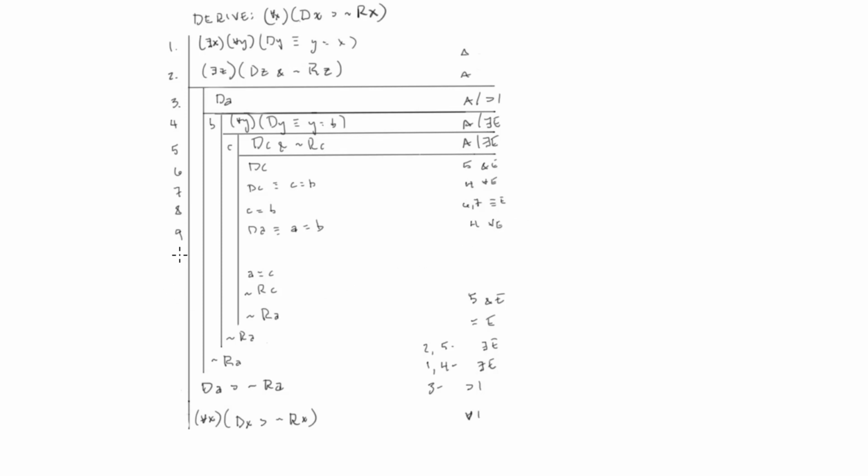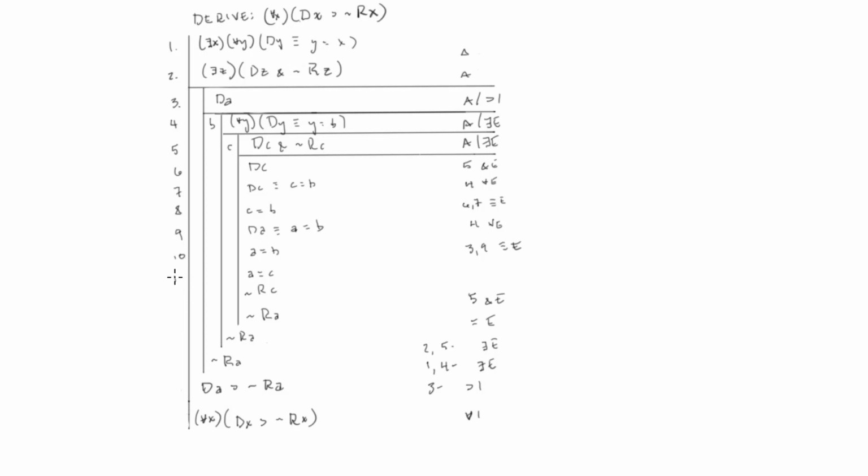Line 3 up there says DA, doesn't it? So together with line 9, that gives me A = B. So that is 3 and 9, biconditional elimination.